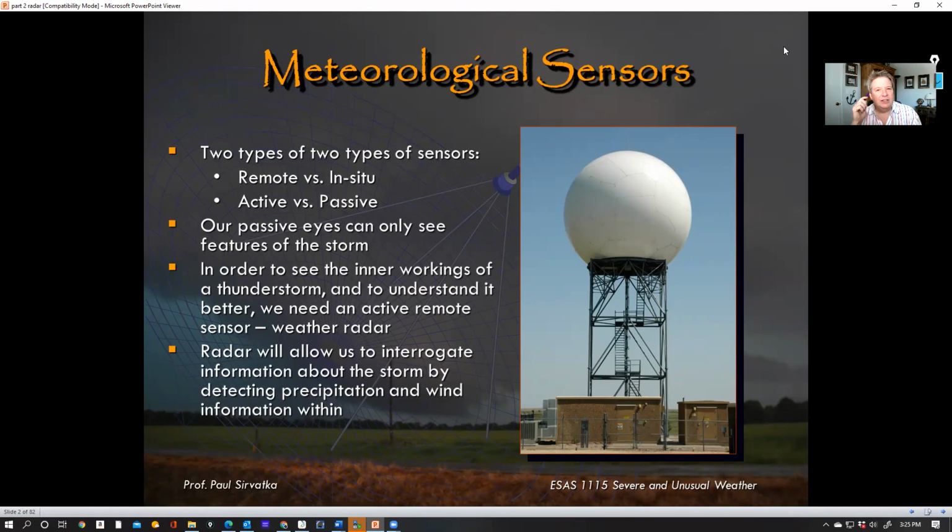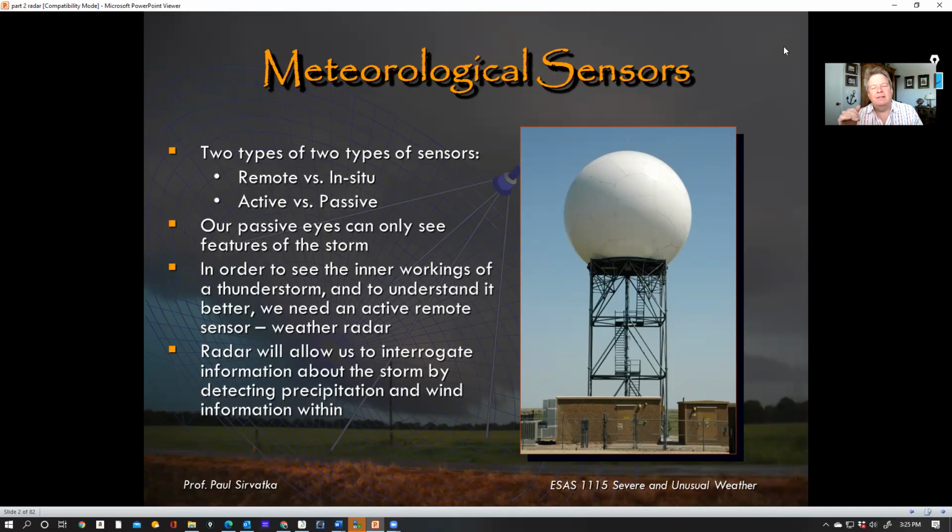Hearing is a little bit different because the object is making the sound over there, but we are receiving that information. The disturbance is here. So ears are really in situ. You don't have remote hearing. Now, if you watched Harry Potter, they have the extendable ear things. That would be remote sensing hearing, but we're talking in situ. But your eyes are remote. They're looking over there to see information that's over there.